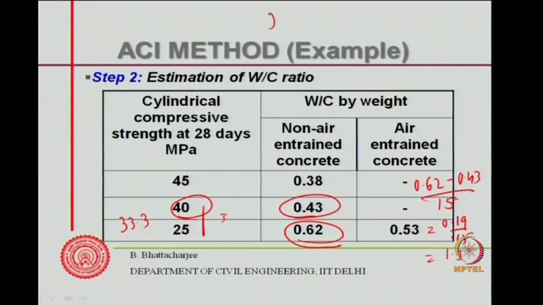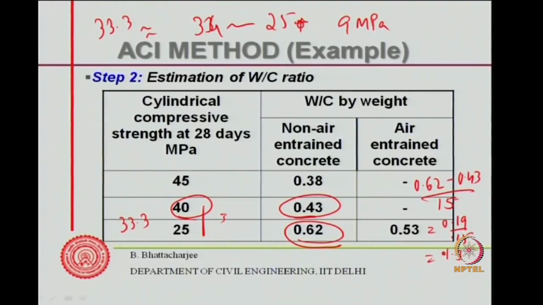So 34 minus 25 is 9 MPa, and for 9 MPa the water cement ratio has to be reduced.